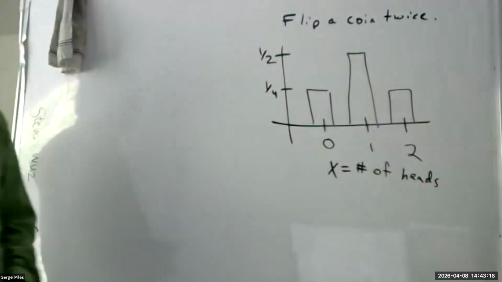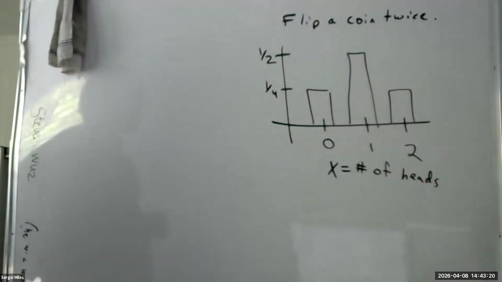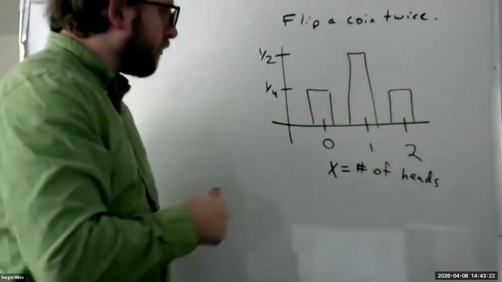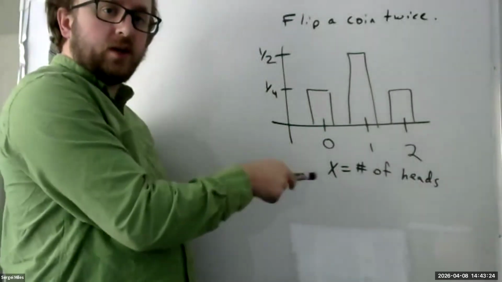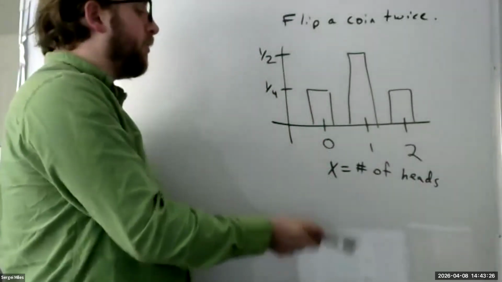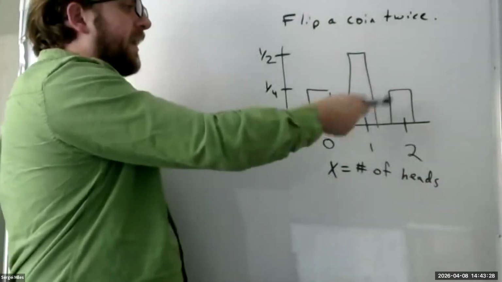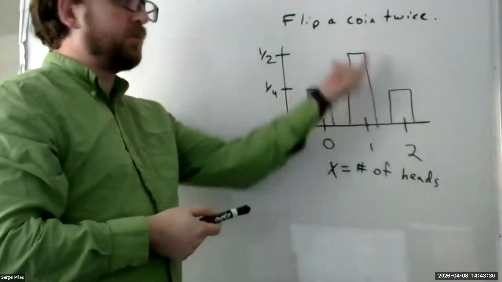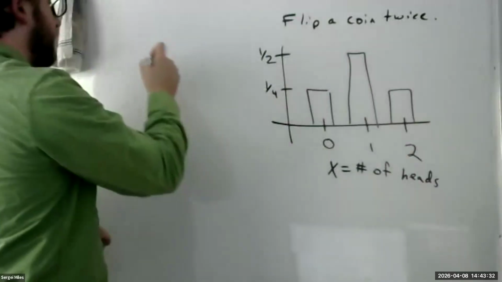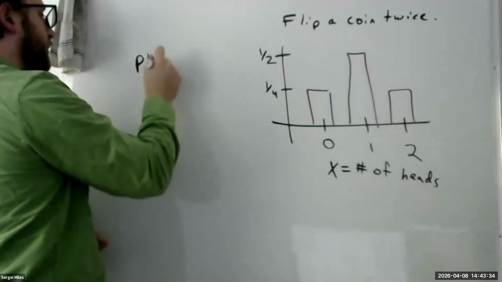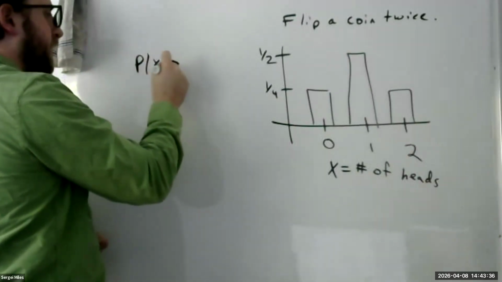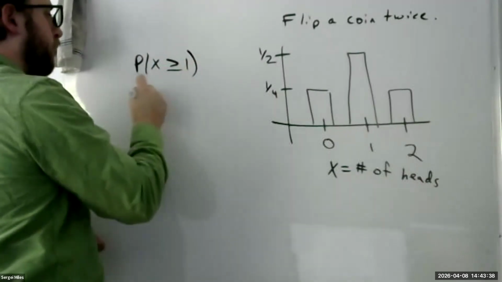All right, so this is a random variable. It is a discrete random variable. And for answering probability questions with a discrete random variable, all we're really doing is just adding up these different blocks. If I say, what is the probability that x is greater than or equal to 1?